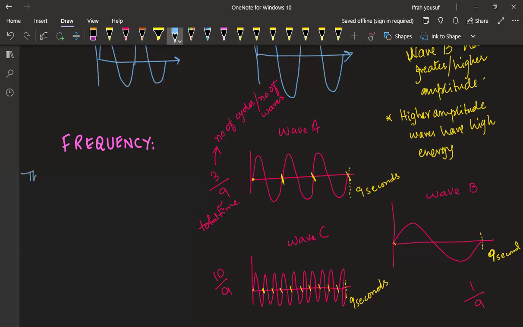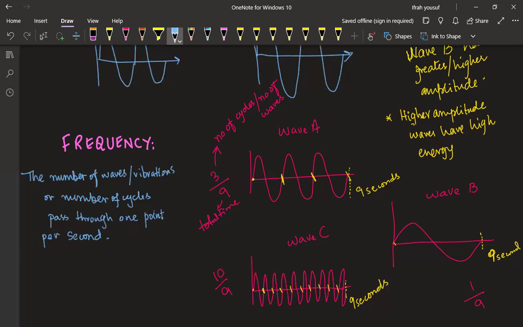Frequency is the number of waves, or we can say number of vibrations, or number of cycles, that pass through one point per second.